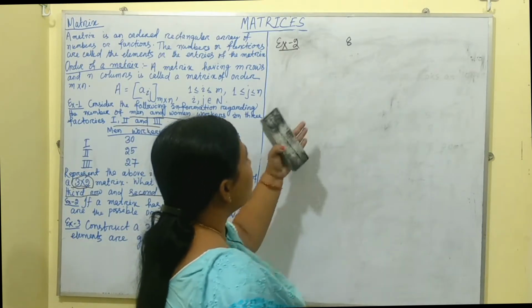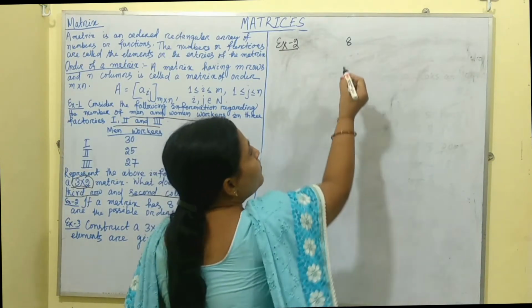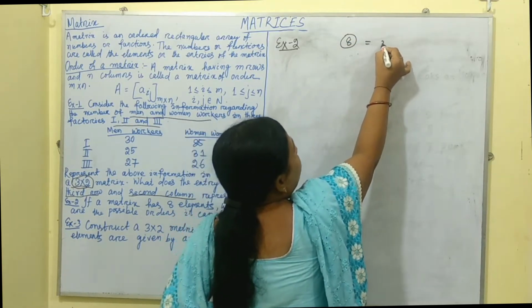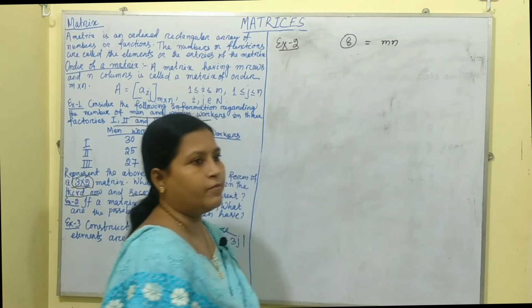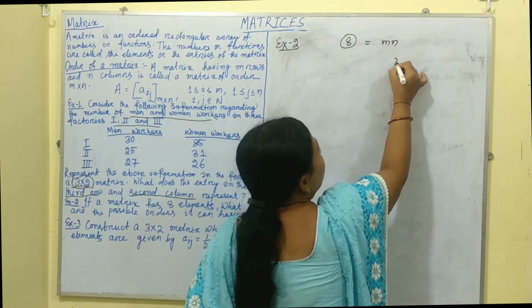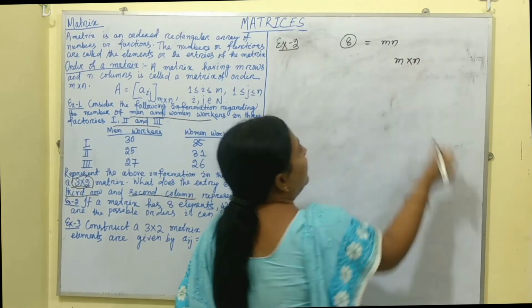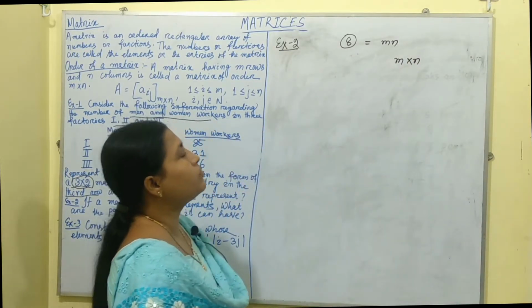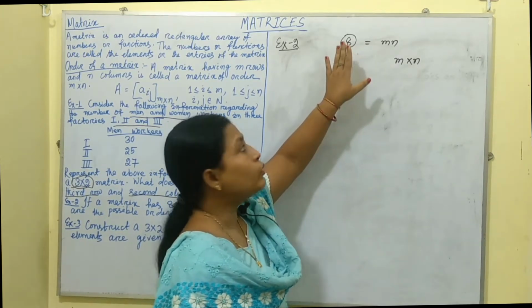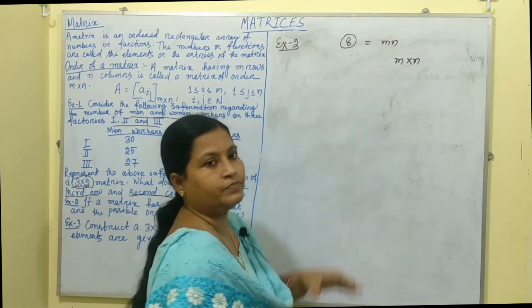So we discussed previous examples. There are 8 elements, that means there are mn elements, from an m by n matrix. So first we have to find the possible order pairs whose product is 8.